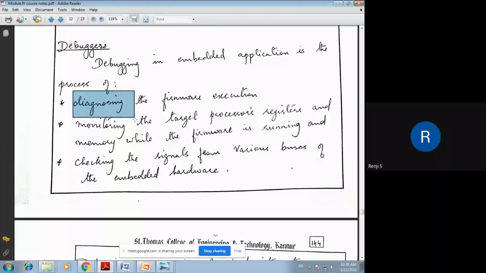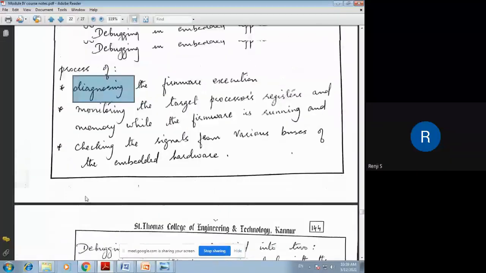The third is checking the signals from various buses of the embedded hardware, whether all signals are received correctly. Buses are the communication lines. So checking the signals from the hardware from various buses checks whether the hardware is functioning properly.